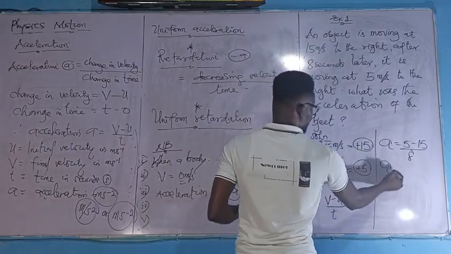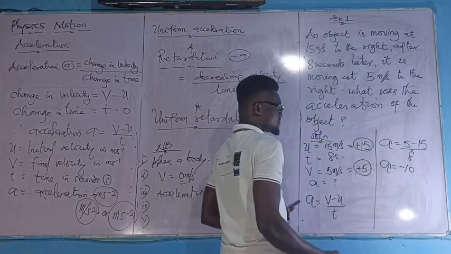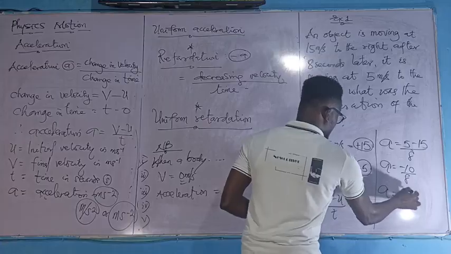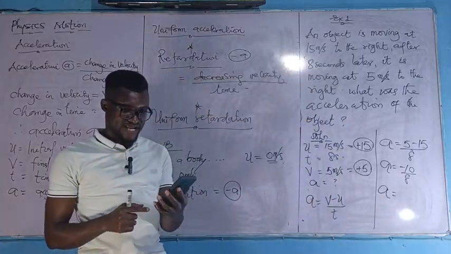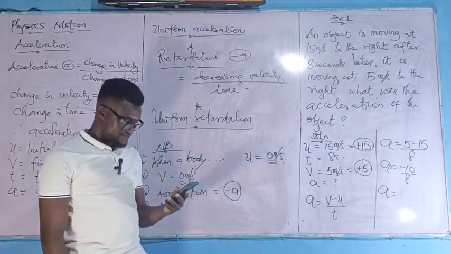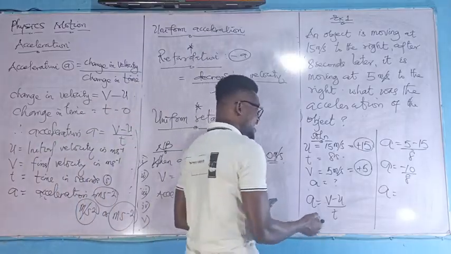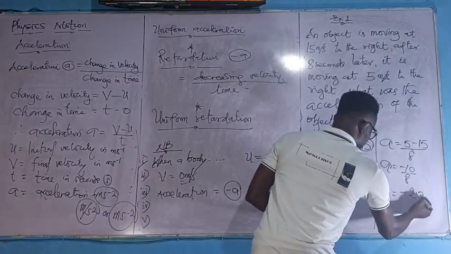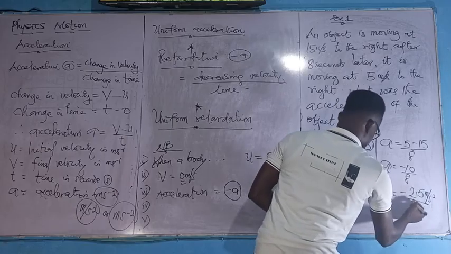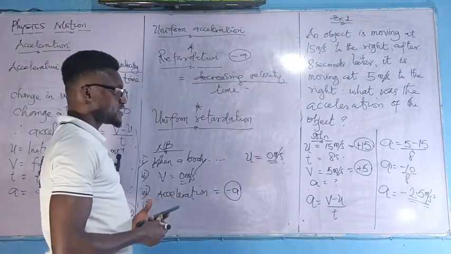So if we simplify this, we have 5 minus 15, we have minus 10 divided by 8. Now, if you divide minus 10 by 8, then we are going to have what? Punch the calculator. Okay, yeah. So minus 2.5 meter per second squared.